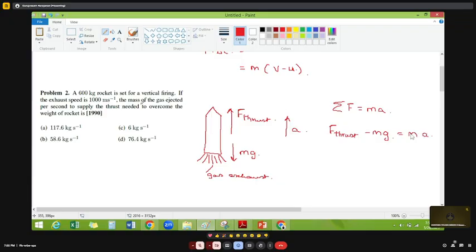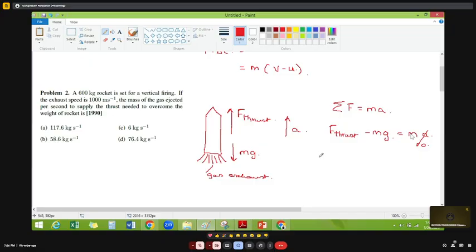But here they said to overcome the weight of the rocket, so they didn't say any acceleration. Sometimes they will say you have to accelerate the rocket at say 5 meters per second squared, 10 meters per second squared, something like that. In that case, we will be substituting the a value here. In this case, just to overcome the weight of the rocket, this part is taken as 0. As we do some more problems, I think it will make sense.